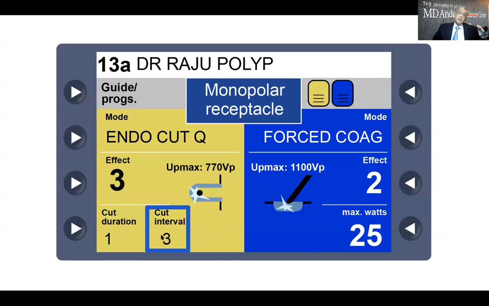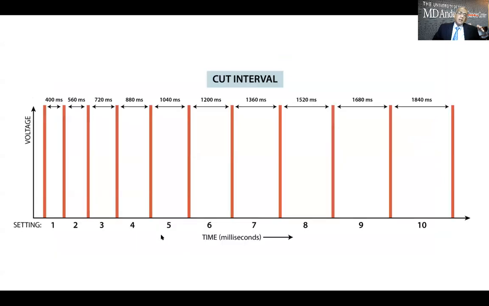Then interval, that is the interval between the cuts. 313 is what I typically use. That means my cut happens every 720 milliseconds, about three-quarters of a second. And if you increase the interval to 6, it's 1.2 seconds.